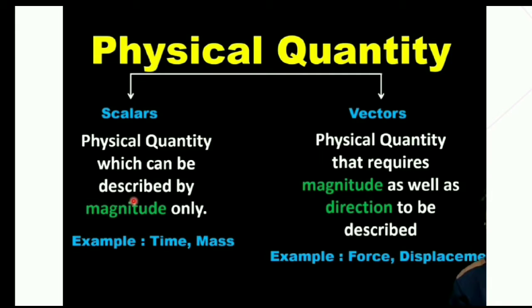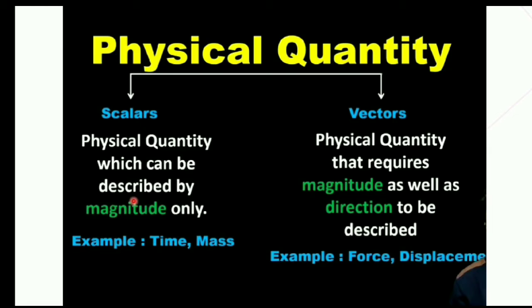Now let's see vectors. A physical quantity that requires magnitude as well as direction to be described is known as a vector. Here the examples are force, displacement. Now children, as I said, magnitude means the substance which we can measure, right? And direction. Now let's take an example.